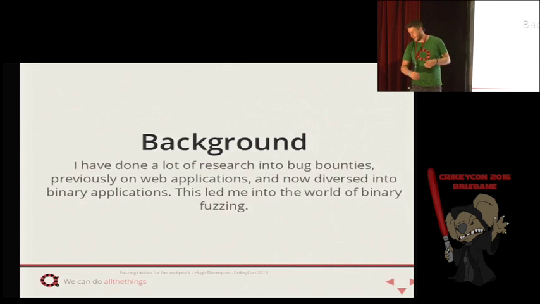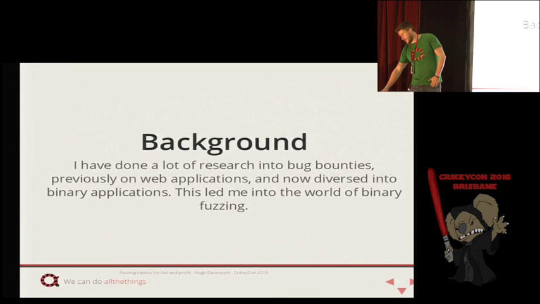Cool. So a bit of background on me and why I'm standing up here talking about this. I've done a lot of research into bug bounties, and used to do a lot of web application stuff, but in the last year or so, I've started doing more low-level binary stuff. This is where fuzzing comes in, and binary fuzzing is quite an interesting thing to me.